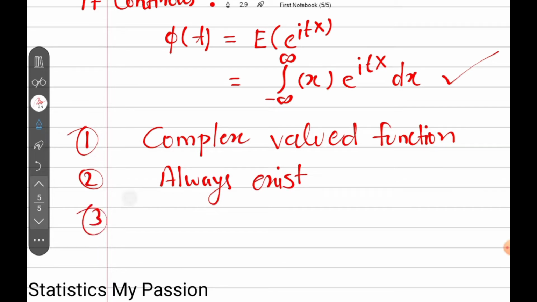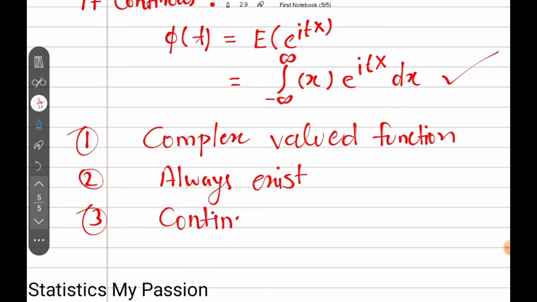Third, you can find the characteristic function of any distribution. The next point is that phi(t) is continuous.